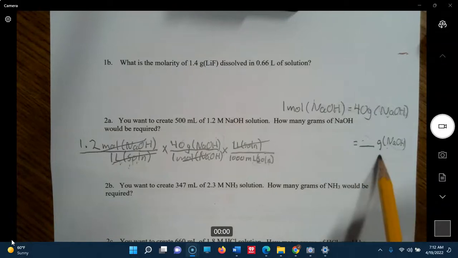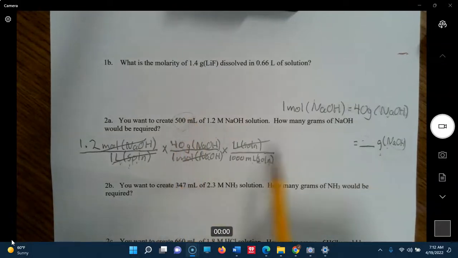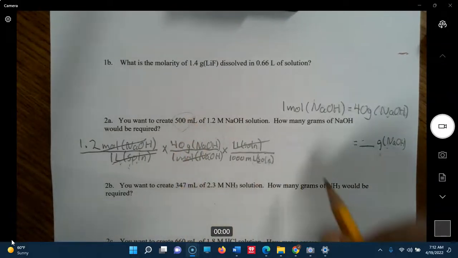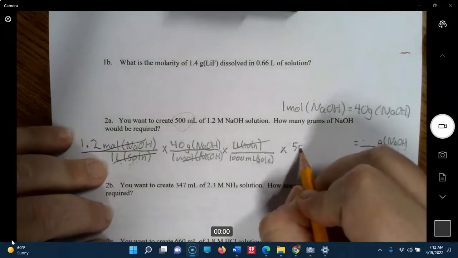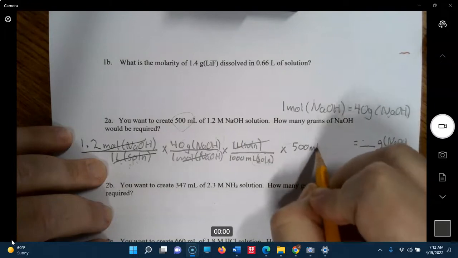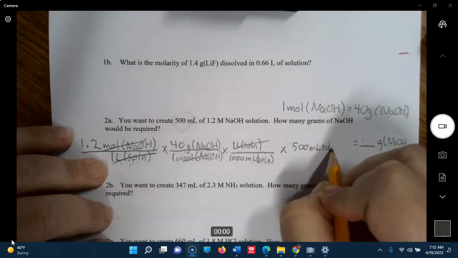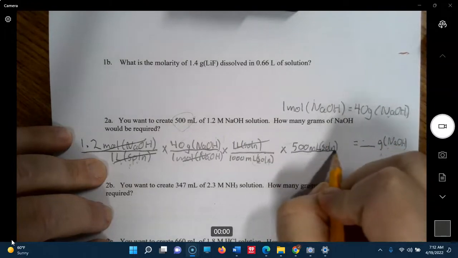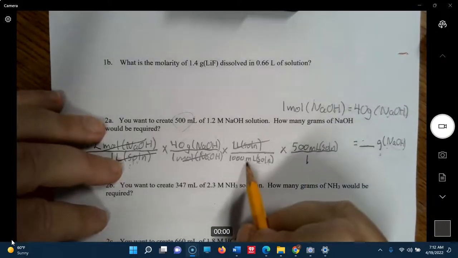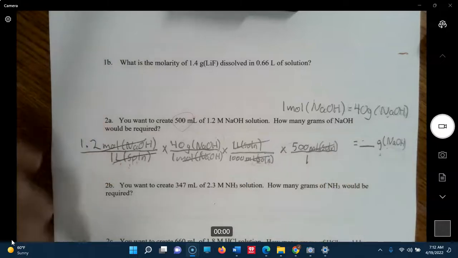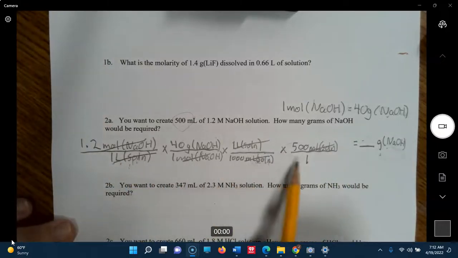We want to end up with nothing on the bottom, so we're going to take the 500 milliliters and put it up on the top on the next conversion. That's all you need to write. If you want to, and you make it a ratio, you can put it over 1. That's fine. Anyway, milliliters of solution cancels, so we no longer have any units on the bottom.